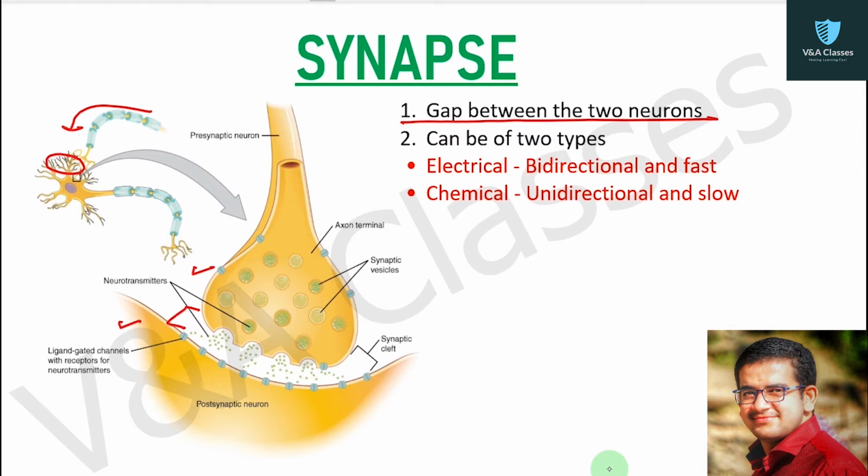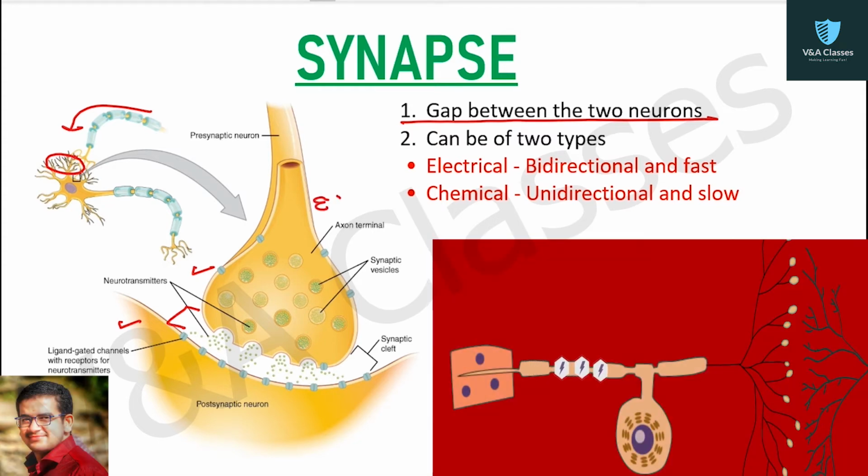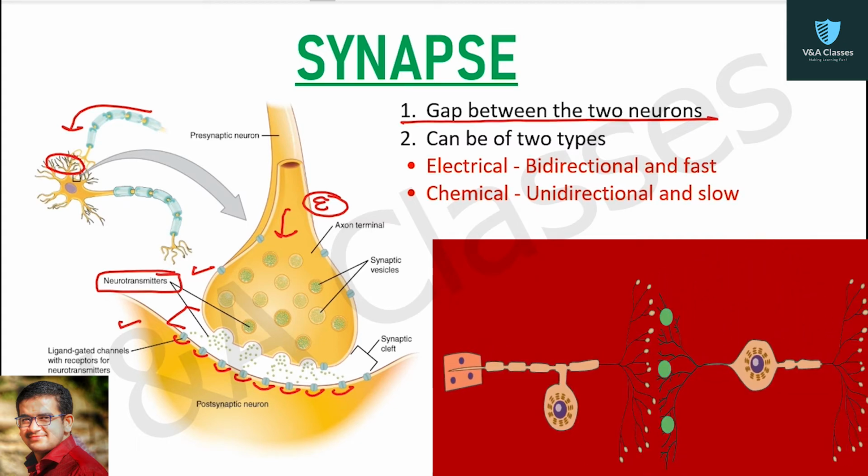Why are these spaces important? Because it is at these places that the electrical impulse which was carried by the axon gets converted into a chemical impulse in the form of neurotransmitters. These neurotransmitters will stimulate the second neuron that contains receptors for the neurotransmitter, and the second neuron gets stimulated by these.